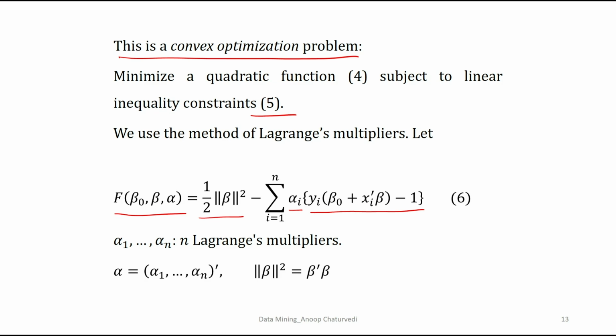Here alpha 1, alpha 2, so on alpha n, these are n Lagrange's multipliers. Remember, we have n constraints yi into (beta naught plus xi transpose beta) greater than or equal to 1. Then alpha 1, alpha 2, alpha n, and then we take transpose of this. This forms a vector alpha, and norm of beta square is equal to beta transpose beta.